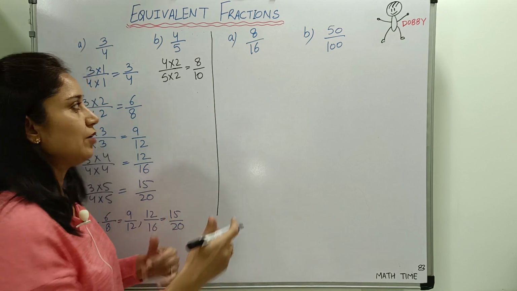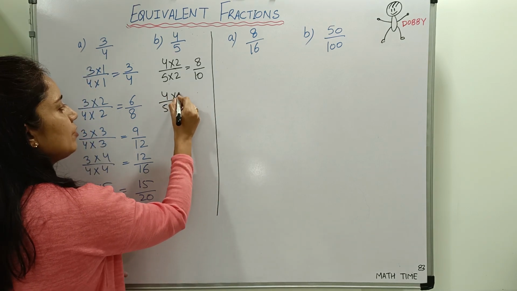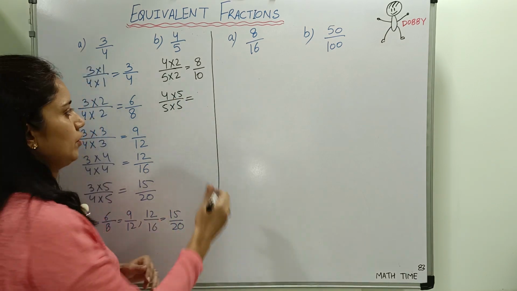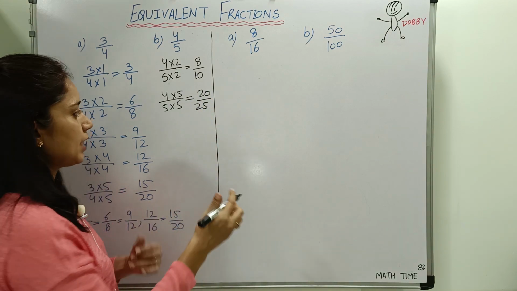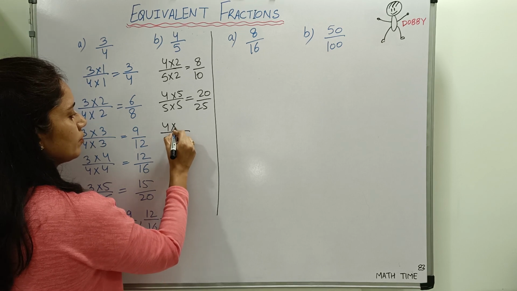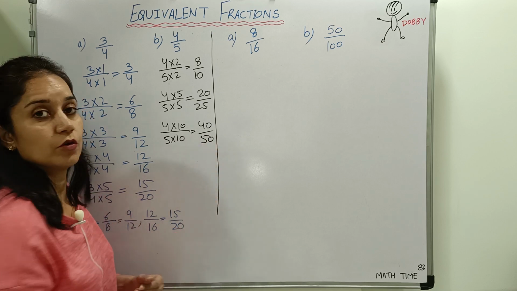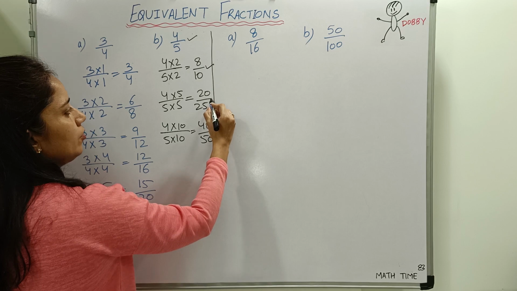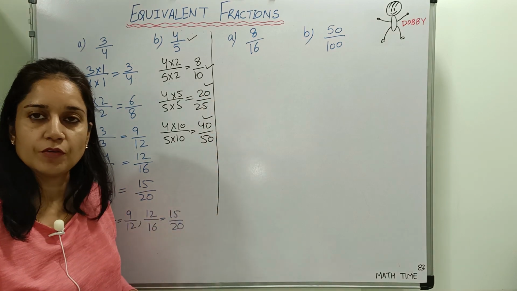If another child wishes to multiply it directly by 5, yes, we can do that because the question has asked us any 3 equivalent fractions. So 20 upon 25. Another child wishes to multiply it by 10, so it becomes 40 upon 50. So here 4 upon 5 is equivalent to 8 upon 10, then 20 upon 25, then 40 upon 50.